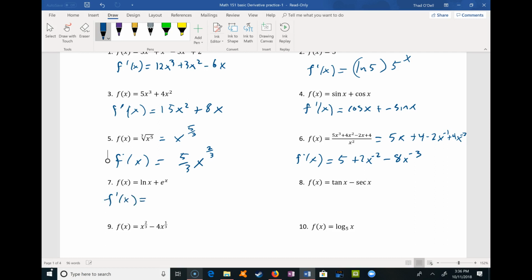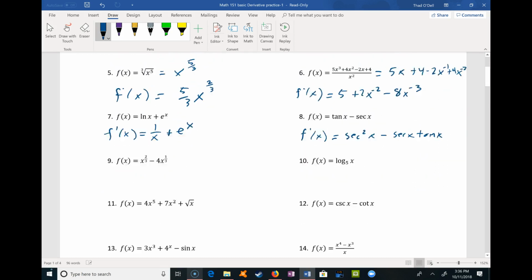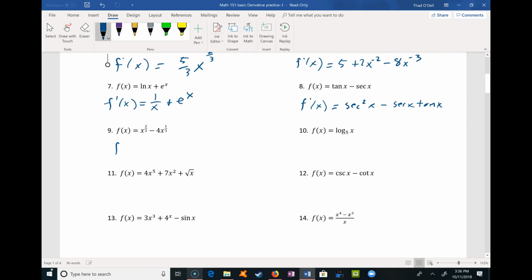Okay, and this is, I can just take the derivative of them separately and add them together. The derivative of ln x is 1 over x, and the derivative of e to the x is e to the x. Those are fun ones. Here I'm just grabbing the appropriate trig rule. The derivative of tangent is secant squared, and the derivative of secant is secant tangent. This is a good old power rule.